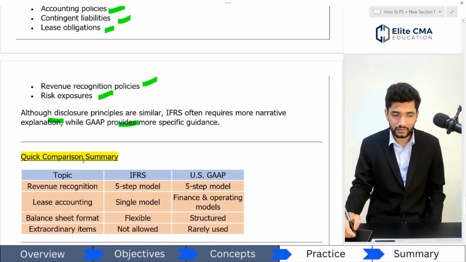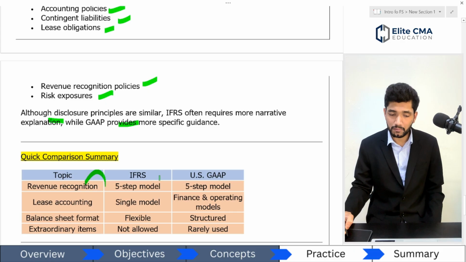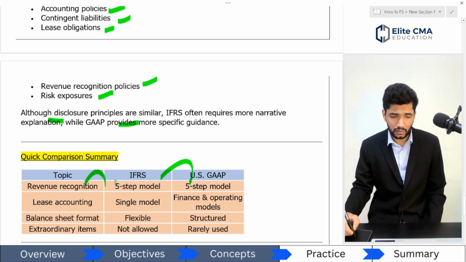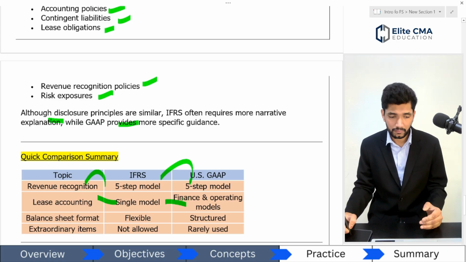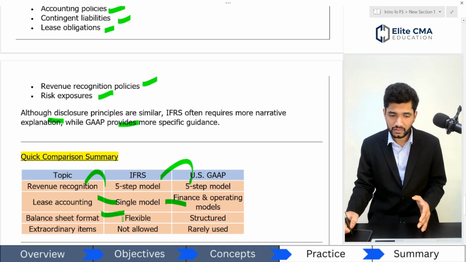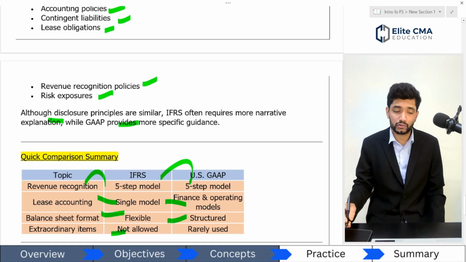Revenue recognition: a 5-step model in both IFRS and US GAAP. Lease accounting: a single model in IFRS, while US GAAP allows operating and financing models. Balance sheet format is more flexible in IFRS and more structured in US GAAP. Extraordinary items are not allowed in IFRS and rarely used in US GAAP.